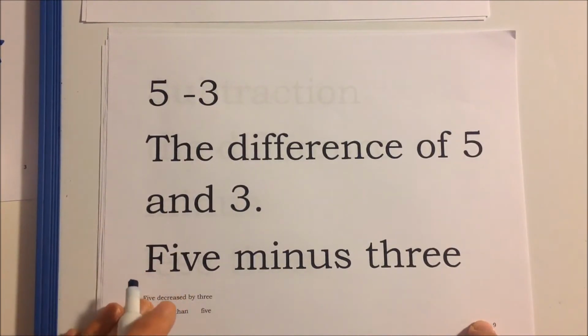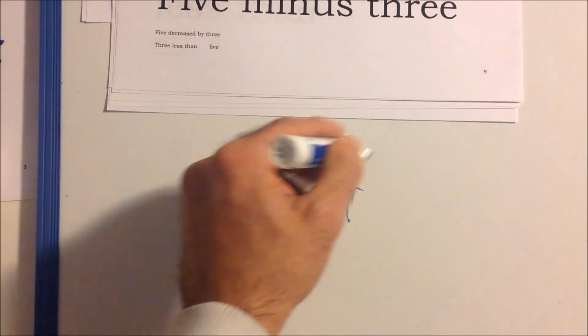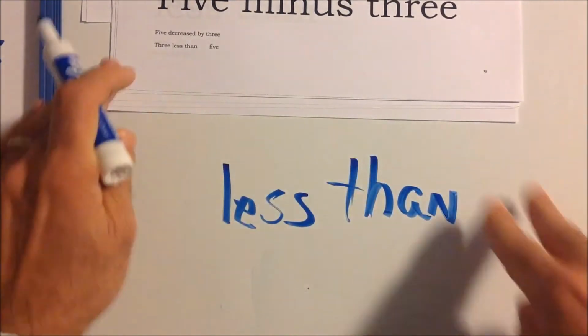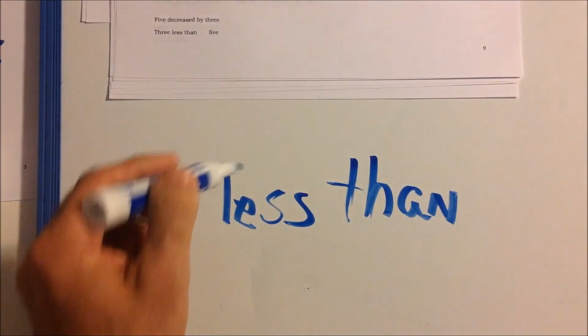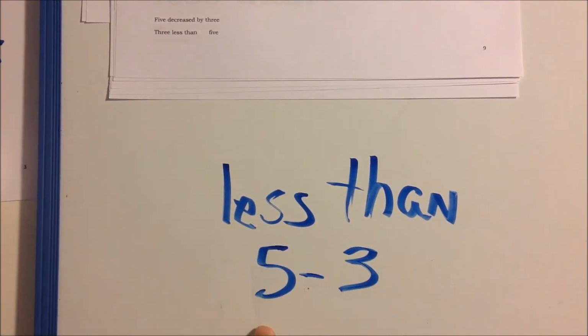But here's one important thing you should know. When we do less than, we want to change it around. So if I did 5 minus 3, this is 5 minus 3. But it's also 3 less than 5.